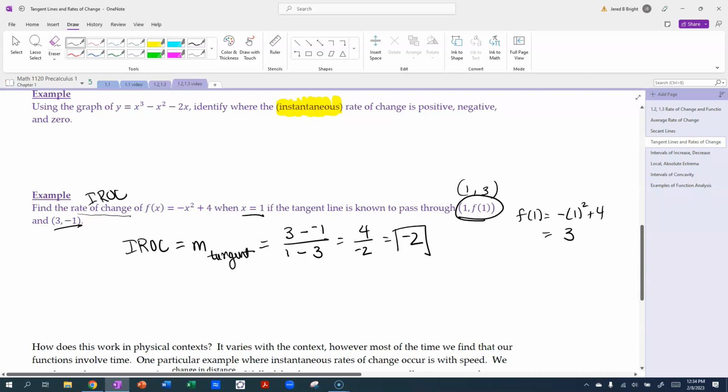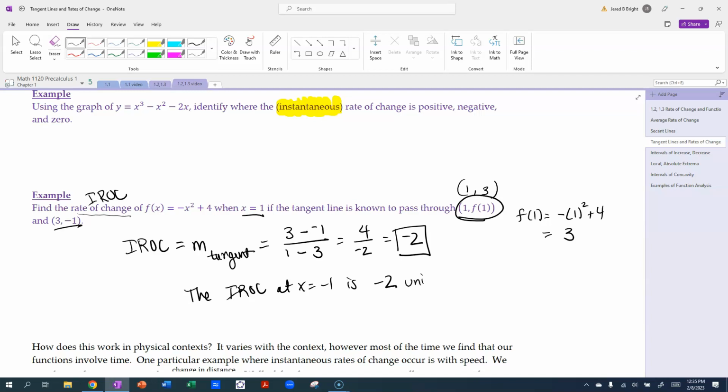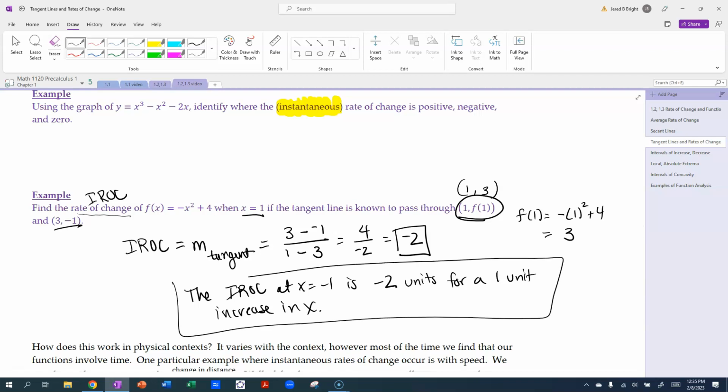Then I can say the IROC at x is equal to negative 1 is minus 2. And I could write it in a sentence. That's fine. I could also say negative 2 units for a 1 unit increase in x. There we go.